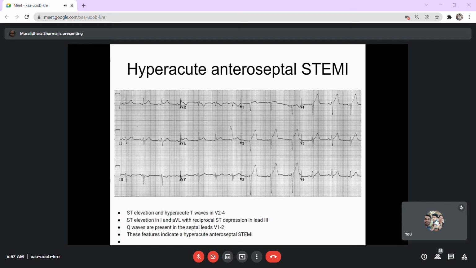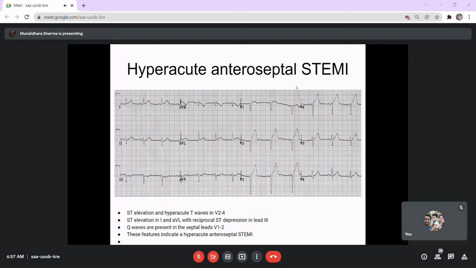Those patients who have a sudden cardiac death within a short duration of onset of these cardiac symptoms, often it's about the anteroseptal defect, including the famous celebrity who had died recently, Phil Mac. Anyway, that's another area where you have to be extremely cautious. I repeat, ST elevation in V2 and V4, and ST elevation in lead 1 and aVL with ST depression in lead 3, if these two findings are seen.